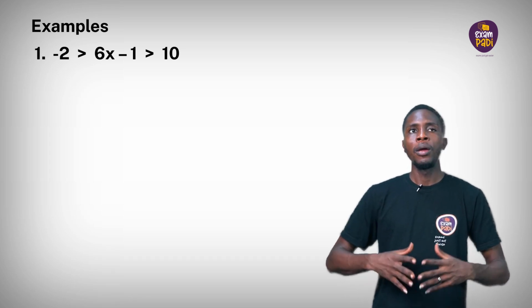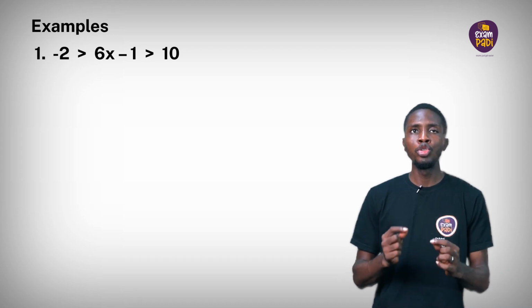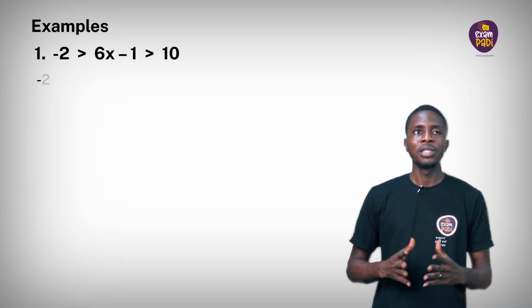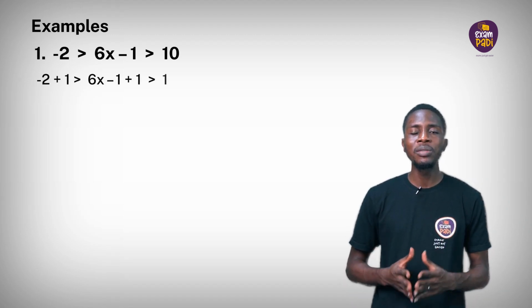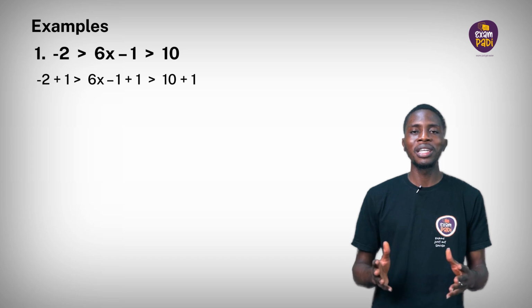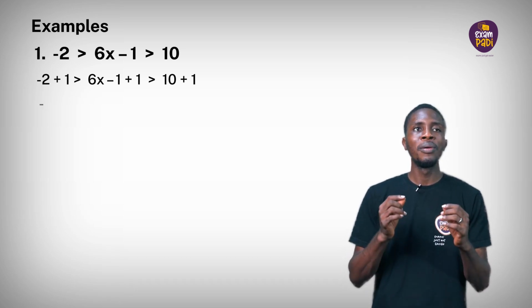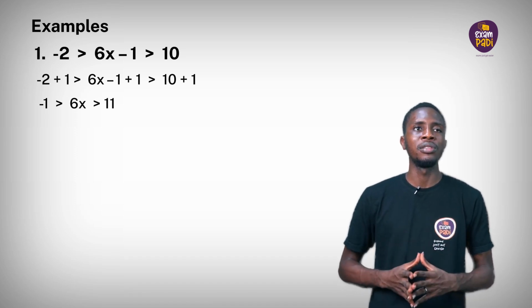In the process of getting the x by itself in the middle, you should add 1 to all 3 parts of the inequality. That is, minus 2 plus 1, 6x minus 1 plus 1, 10 plus 1. This will result in minus 1 less than 6x less than 11.